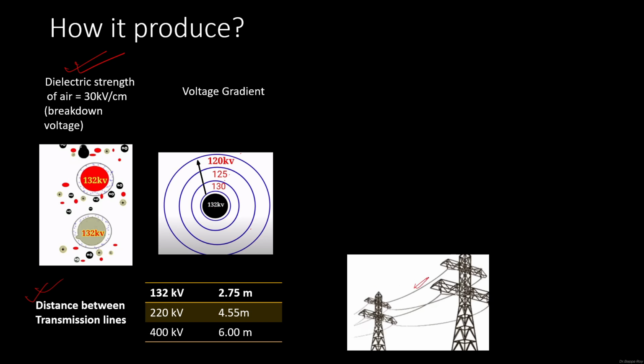Suppose here there is one transmission line and there is another, and this is the distance between these two, one upside, one downside. When it is 132 kilovolt, the distance is 2.75 meter, like that. For 400 kilovolt it's 6 meter.